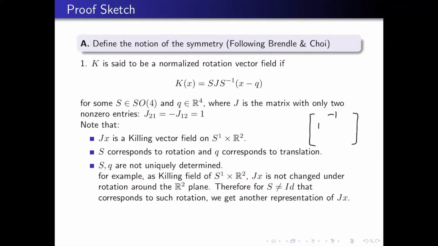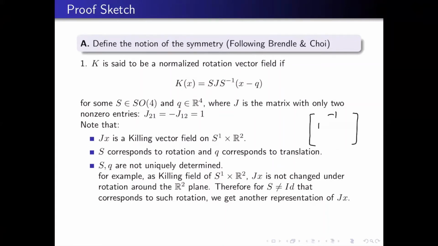So it only has two non-zero entries. Note that Jx is a Killing field on S1 cross R2, and S and Q just correspond to the rotation of this standard vector field. And I should remark that S and Q are never uniquely determined, which means that for each vector field, we can always find multiple representations.